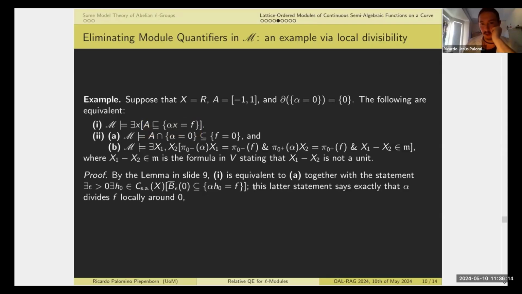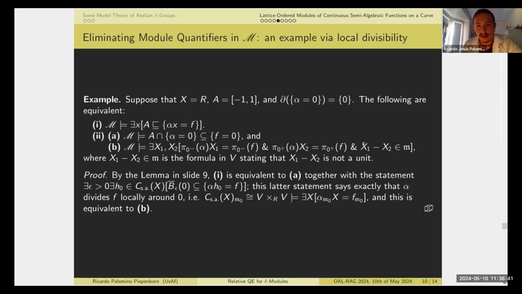And so this statement just says that alpha divides f locally around 0. And this is just a statement about this ring of germs at 0, saying that the germ of alpha at 0 divides the germ of f at 0. And this statement over here is equivalent to this item B that you see over here, right?